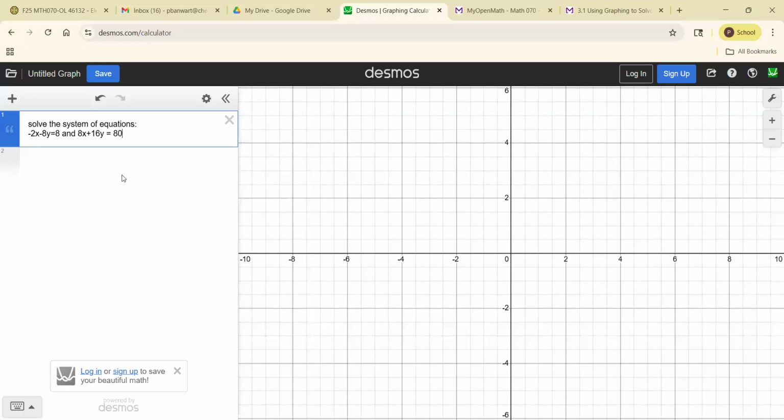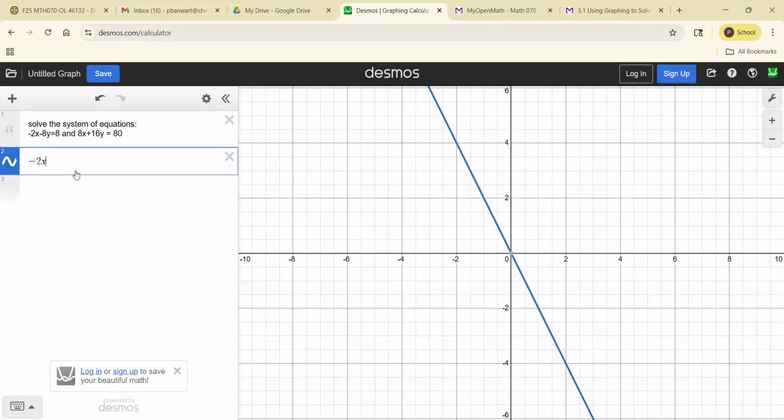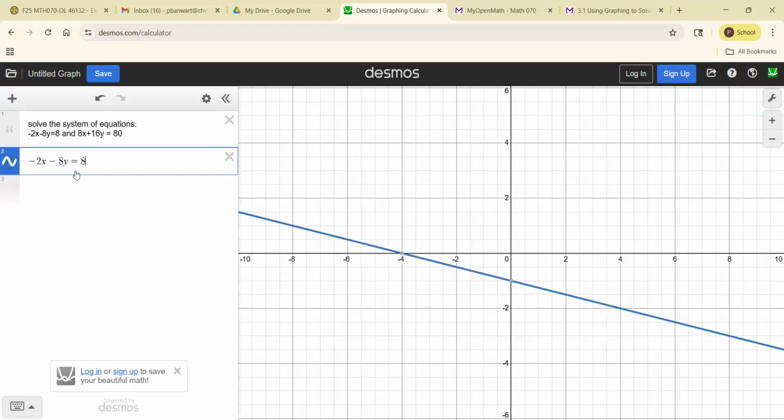So the way you solve this in Desmos is you put the first equation in. We do not have to get this into y-intercept form because Desmos can handle an equation with two unknowns, no problem.